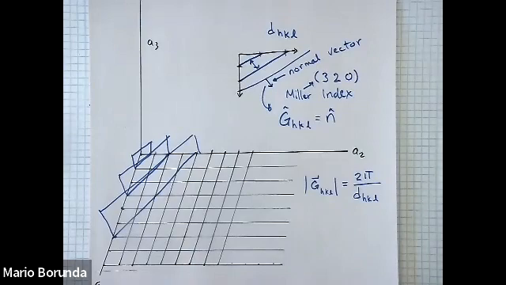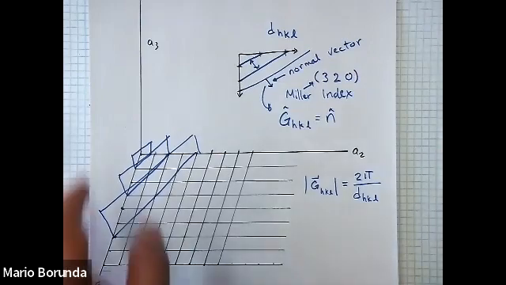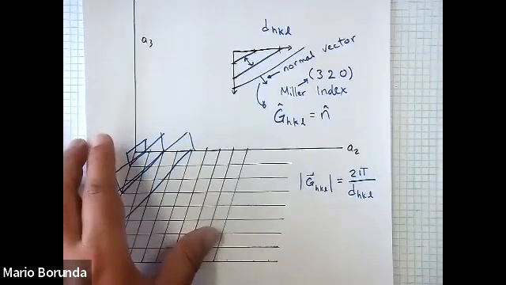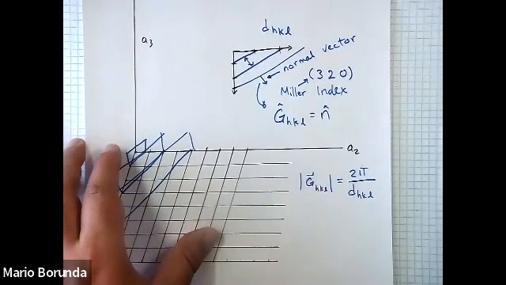So this vector has a direction perpendicular to the plane, it is the normal of the plane. And then it has a magnitude that is 2 pi times the inverse of the distance between the planes. So let's go over the math on this. I'm not gonna do a proof.